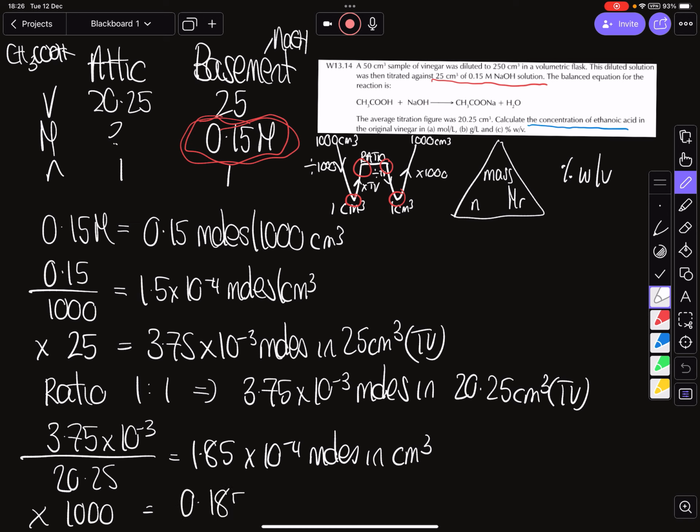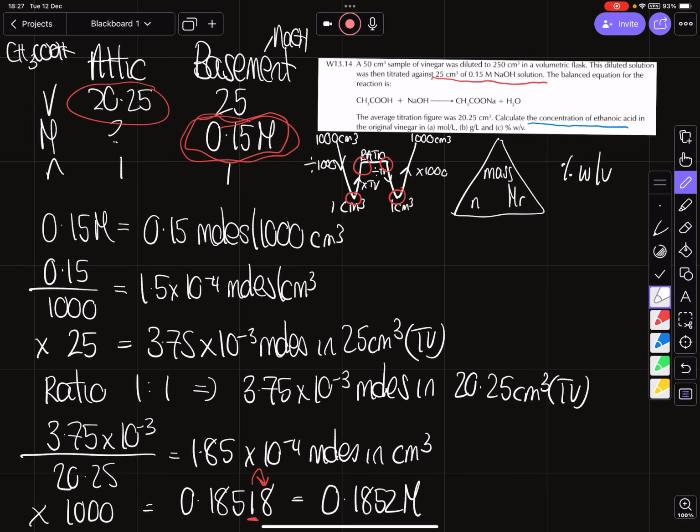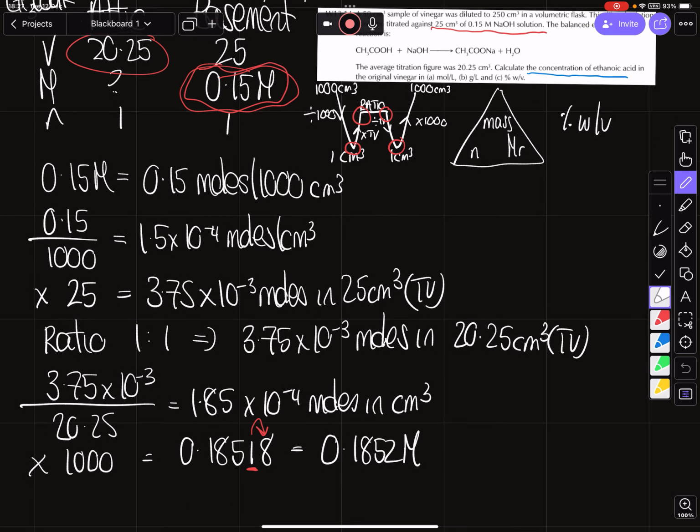And when we do that, we get 0.18518. In terms of our significant figures, if in doubt, we go for 3 significant figures. Up here in our table, we technically have 4 significant figures, so I would always go 4 significant figures. So the 1 is my 4th significant figure. I need to have a look at what the 8 does to the 1, and that's going to make it go up 1. So 0.1852 big M would be our answer to this question.